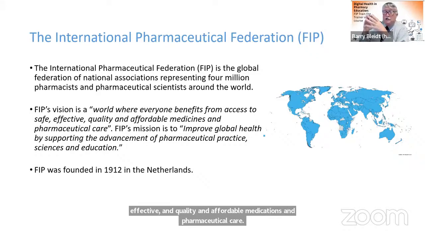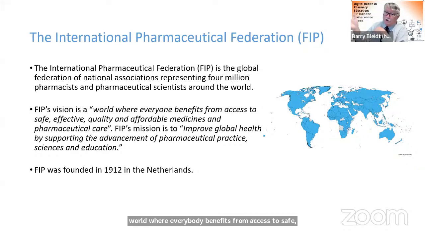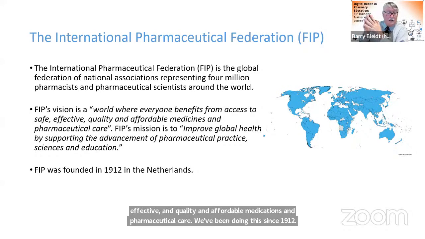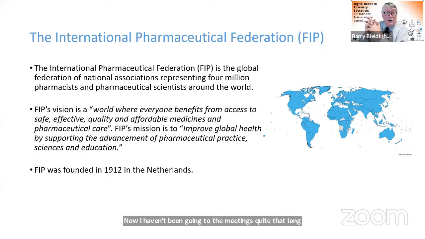They've been doing this since 1912. Now, I haven't been going to the meetings quite that long, but I've been going since the 70s. And this is a marvelous worldwide organization for everybody to engage and find wonderful pharmacists from all over the world.